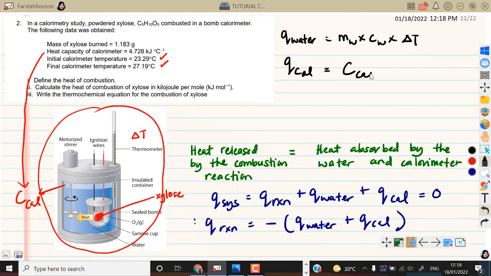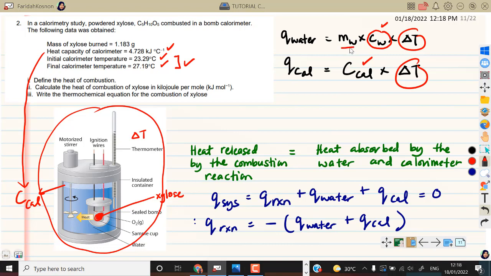Heat capacity of calorimeter times delta T. Okey, delta T tak ada masalah sebab kita dapat daripada data. Dalam data ada. Heat capacity of the calorimeter ada kat dalam data pun ada. Specific heat capacity of water pun ada. Kita tahulah ataupun rujuk pada senarai constant.